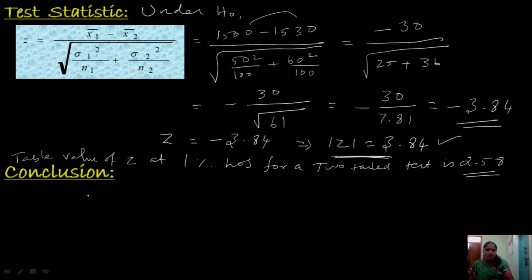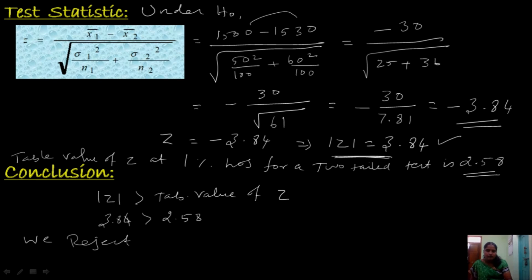So let us now compare. The calculated value of absolute z is strictly greater than my table value of z. That is, 3.84 is strictly greater than 2.58, isn't it? So we reject the null hypothesis H0.